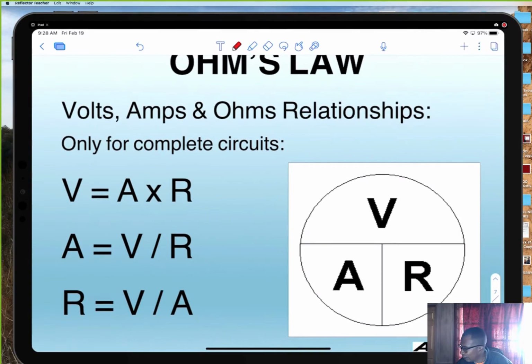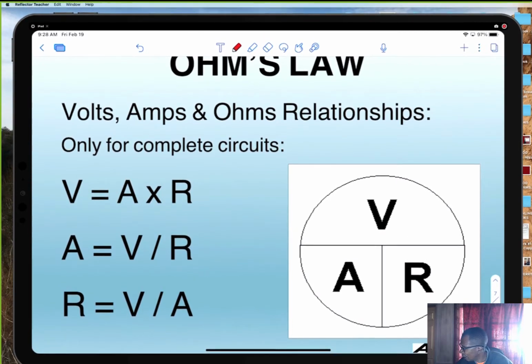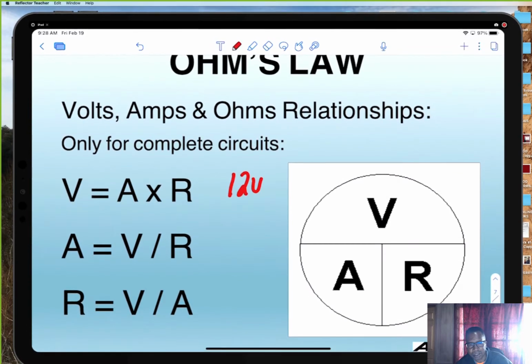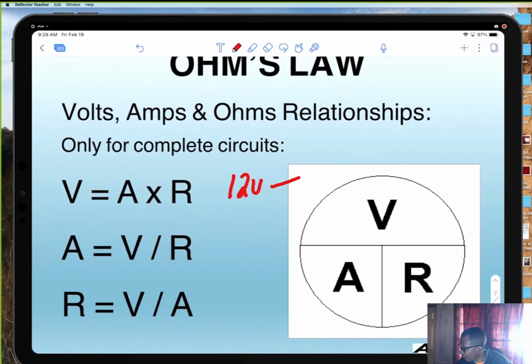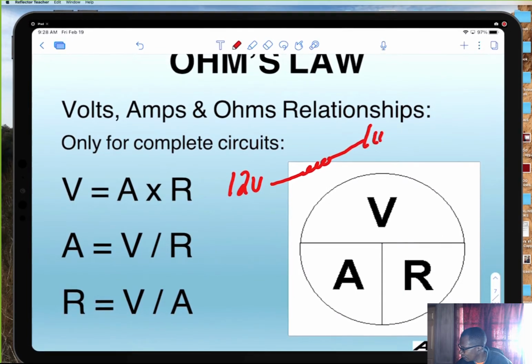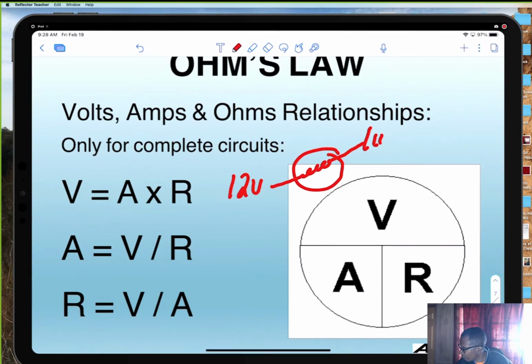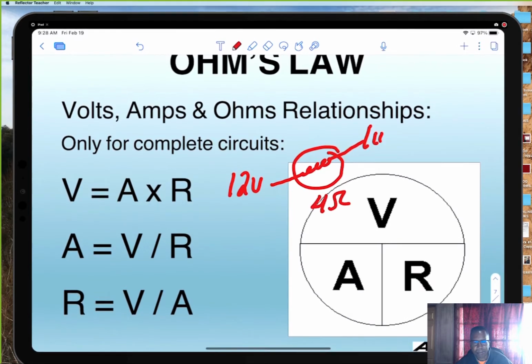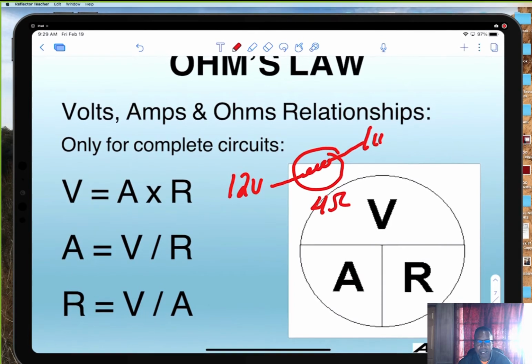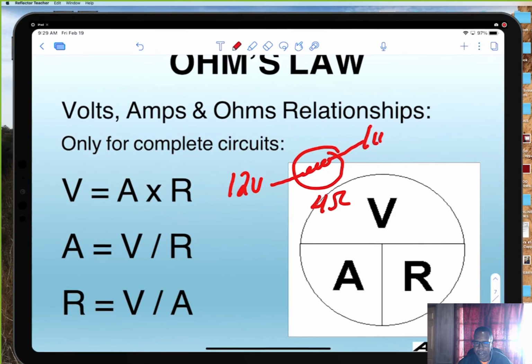If I had 12 volts in the circuit, or 14 volts in the circuit, and I have my load, and I have a ground, that's a complete circuit, right? Current is gonna flow through that circuit.